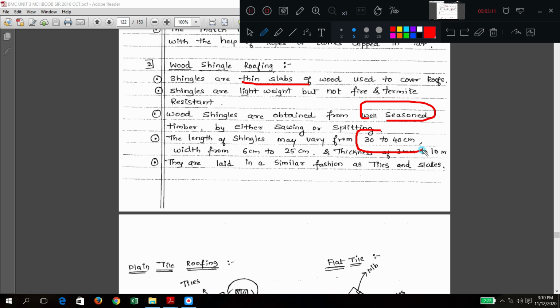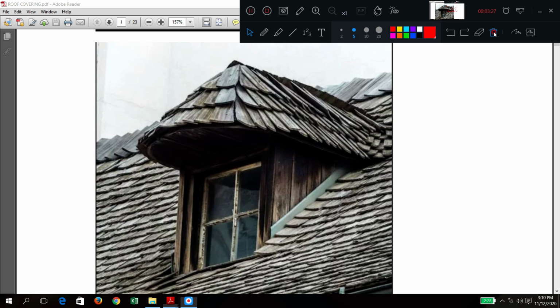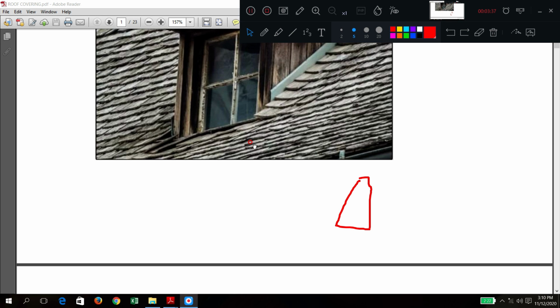Length may vary from 30 to 40 centimeters, and width from 6 to 20. They can be laid like tiles or slates. In the diagram you can see they are fixed in the form of tiles. From far away they appear as tiles, but they are made of wood shingles.